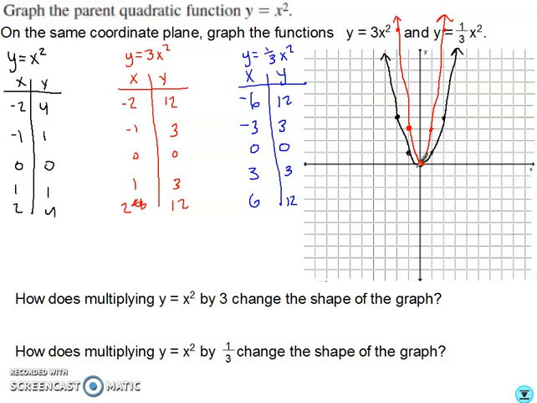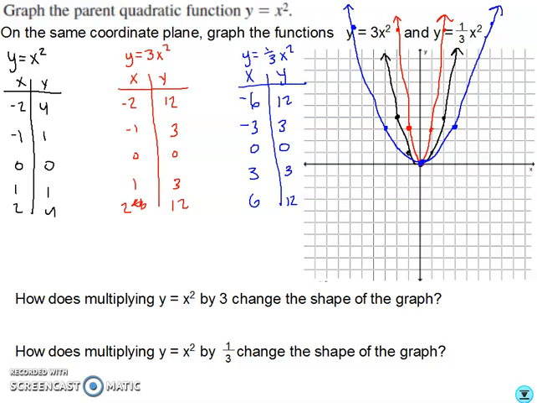So -6, 12, which is off my graph, so it'll be right about here. -3, 3. 0, 0, still because we don't have any addition or subtraction. 3, 3, and 6, 12, which is off my graph. So my graph looks something like that.